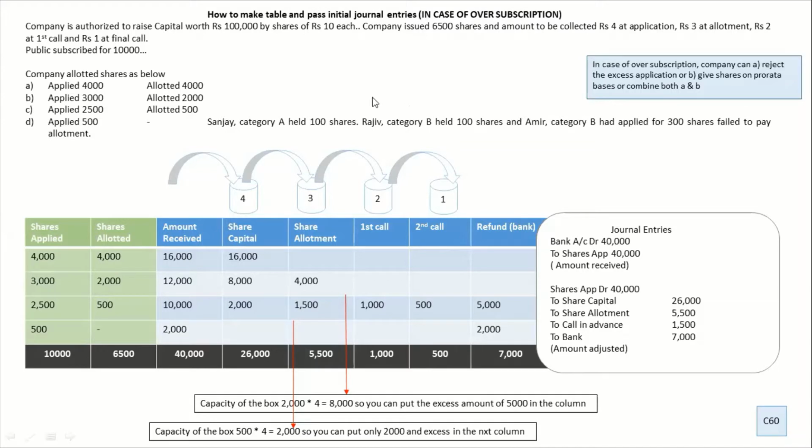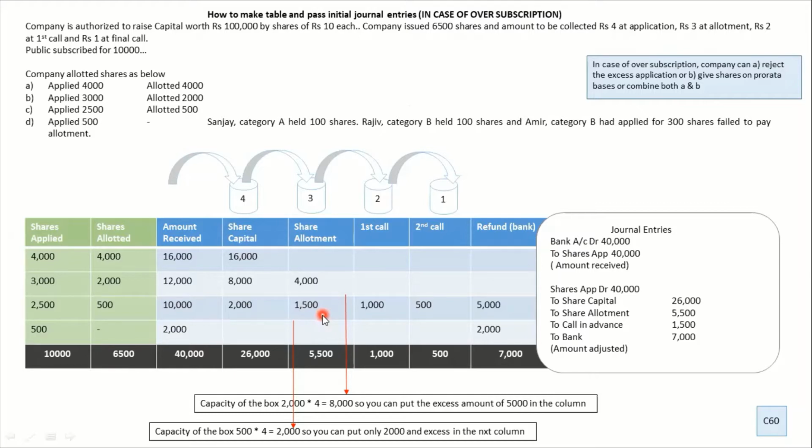Now after that is what we have to understand, a very, very important part. Now we understand 10,000 minus 2,000 is 8,000. Can we transfer 8,000 to share allotment? It's a big question. For that, we have to understand what is the capacity of this box. Every box carries certain capacity to hold the water.